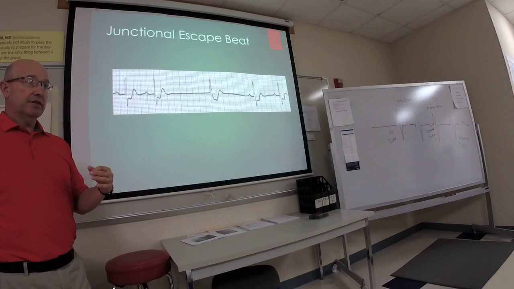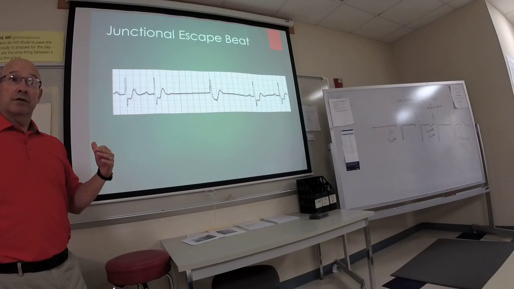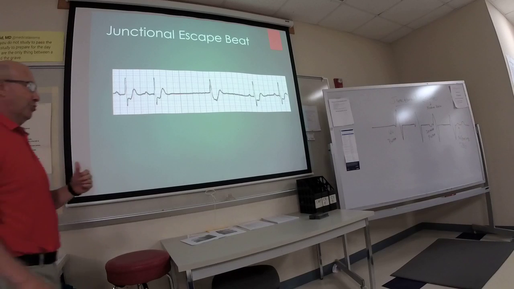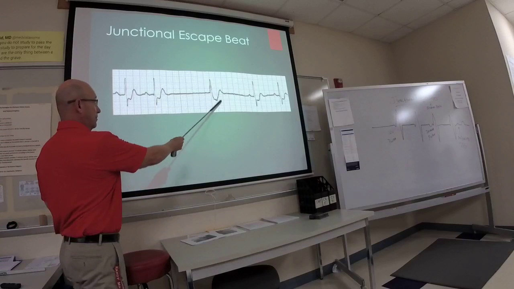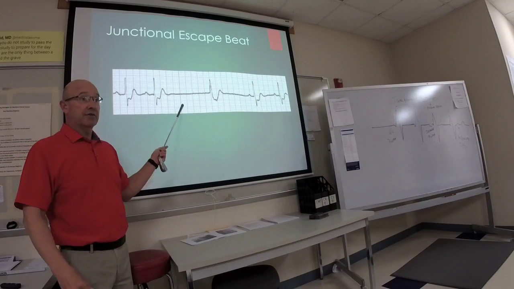Oh, yes, I know it's 60 to 100. Yeah, the rate is, but the rhythm is, starts with an R. Regular. The rhythm is regular. This is irregular. So this would be a problem.